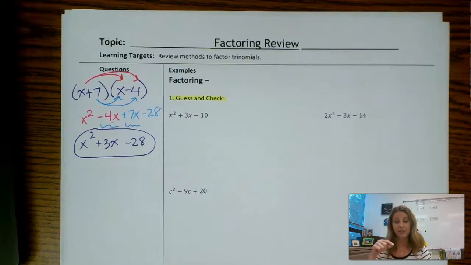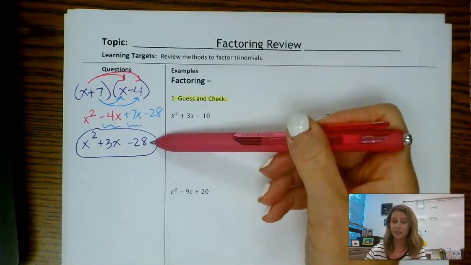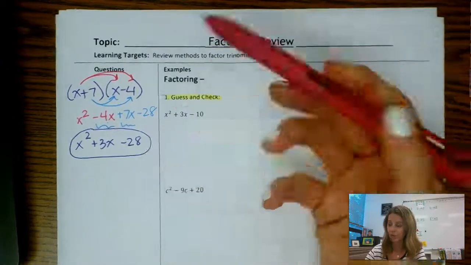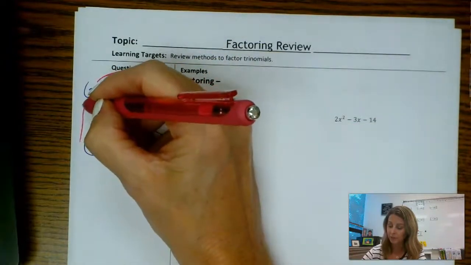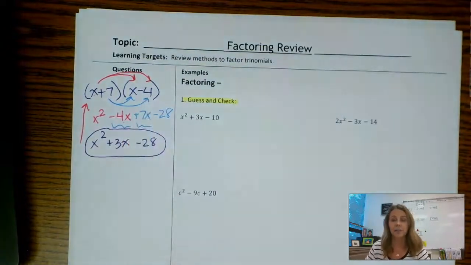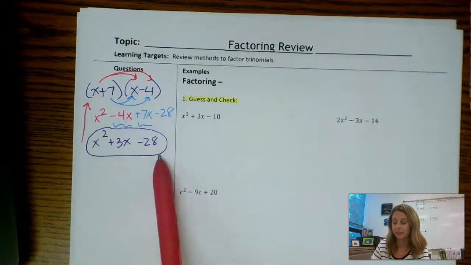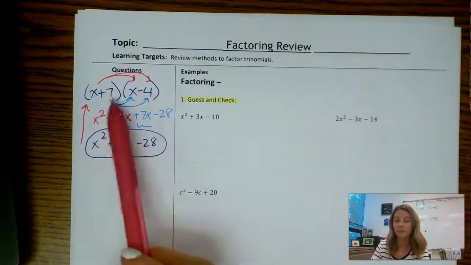When we factor, we're really reversing that process. So we're taking this as the question and trying to go backwards and come up with the two factors. If you think about 3 times 5 multiplying to 15, 3 and 5 are factors. So x plus 7 times x minus 4 multiplies up to this trinomial. So these two are factors.